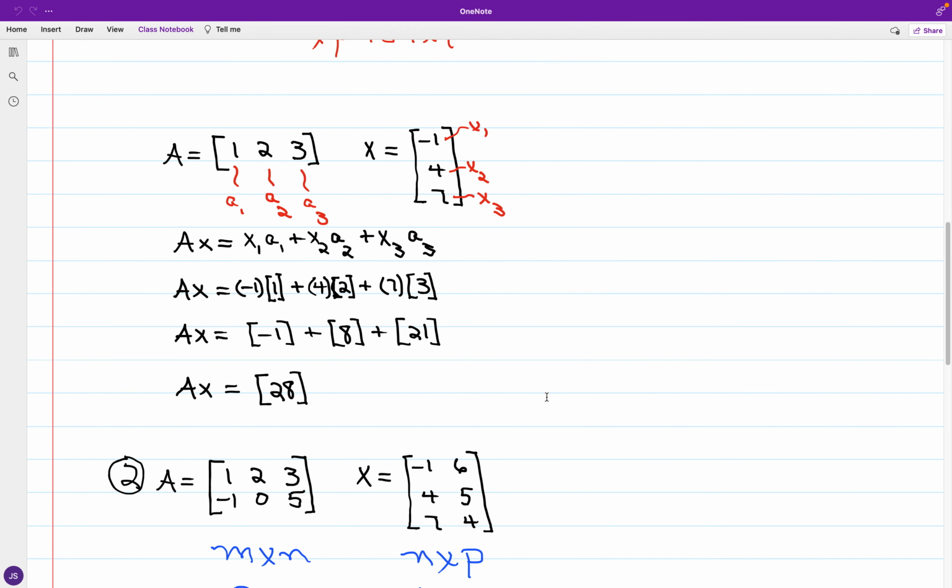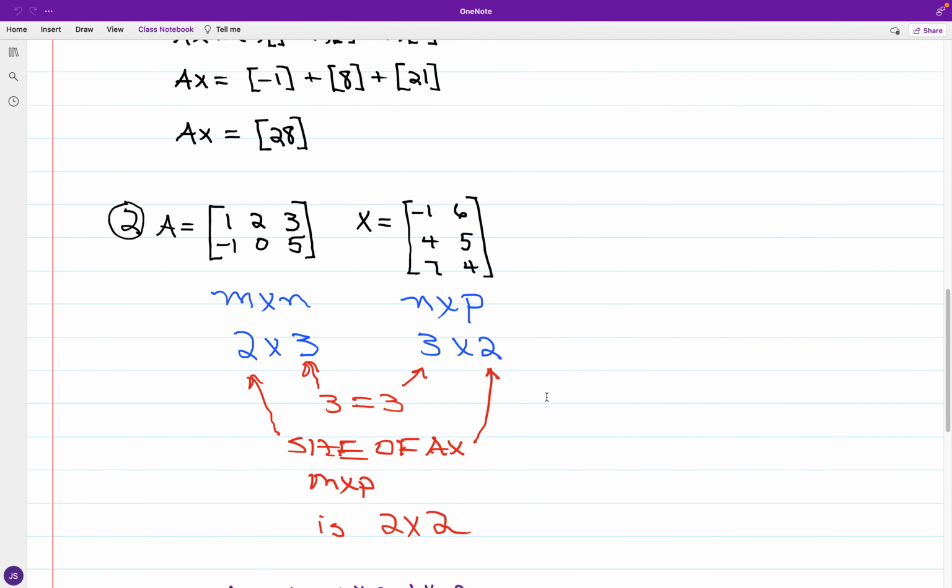Now let's expand the model and say that A is a 2 by 3 matrix and X is a 3 by 2. In this case, we can take the product since n is 3, and the size of AX this time, m by p, is 2 by 2.